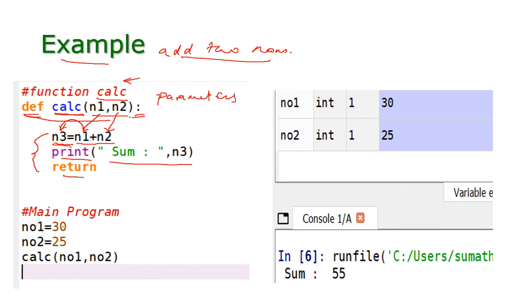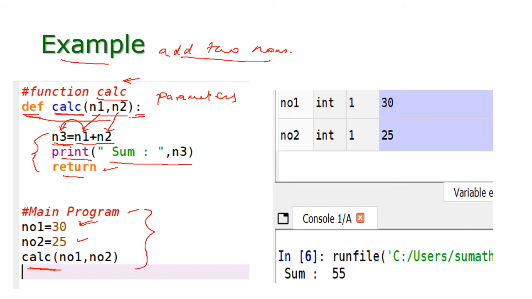And now I am going to return. Now let us come to the main program. In the main program we have two variables: n1 has the value 30 and n2 has the value 25. Now I am going to call this calci function, calci of n1 comma n2. That's all, very simple.